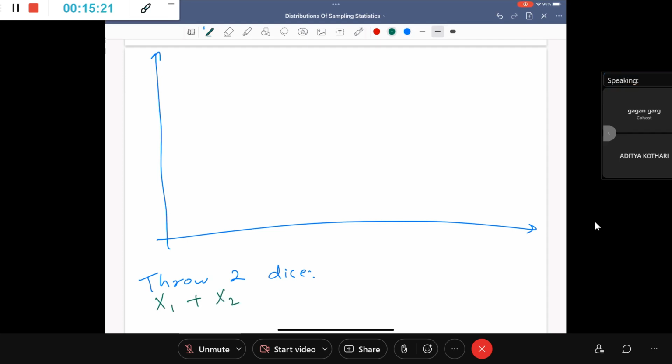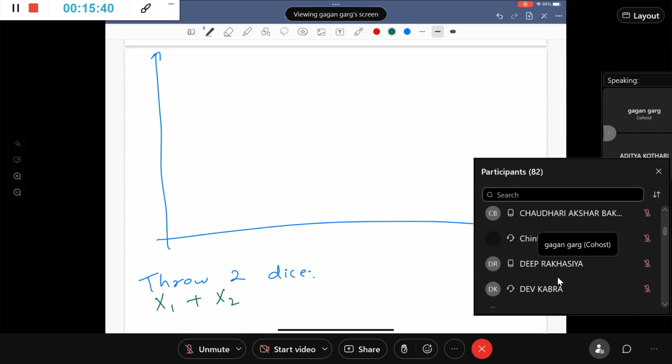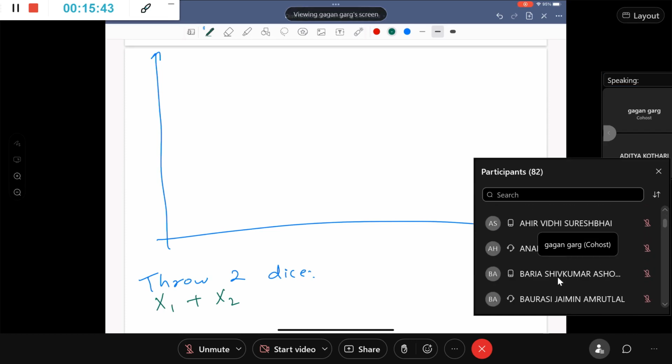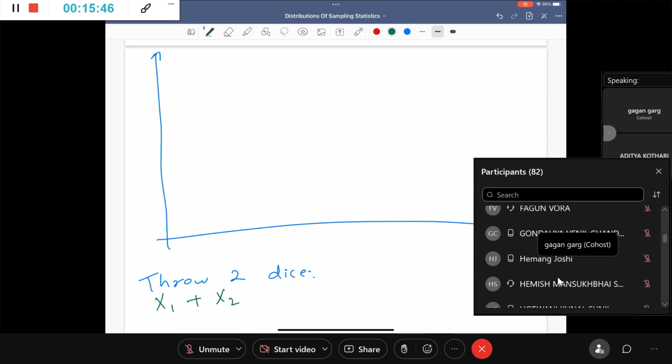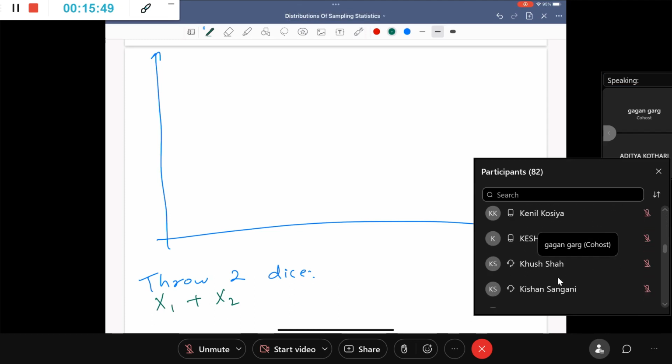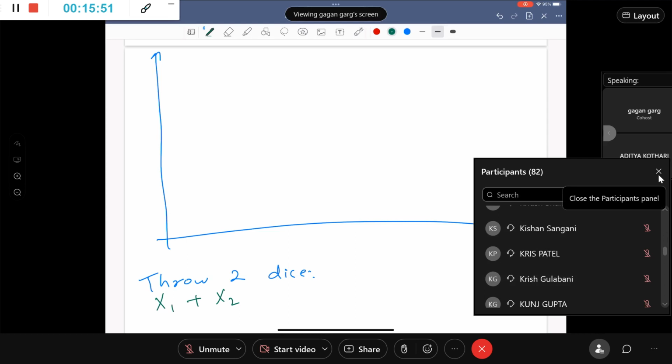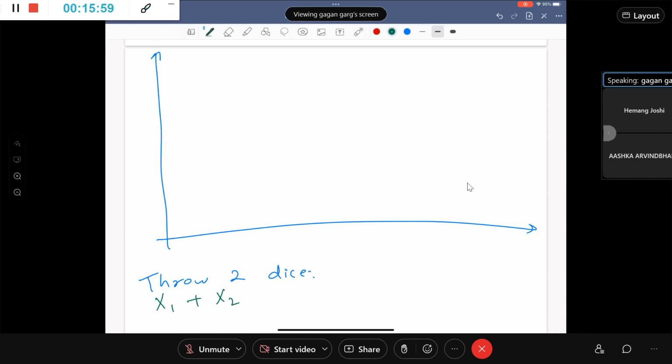And what you're doing is plotting the sum x1 plus x2. So the first question is, what are the possible values that x1 plus x2 can take? 2 to 12. Oh, very good. Thanks. Hemant Joshi, yes, 2 to 12.